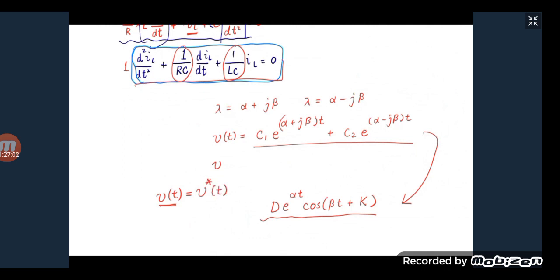We just say that it is equal to its complex conjugate, right? So we say that C1 and C2 are also complex conjugates. So in here is this C1 complex conjugate.